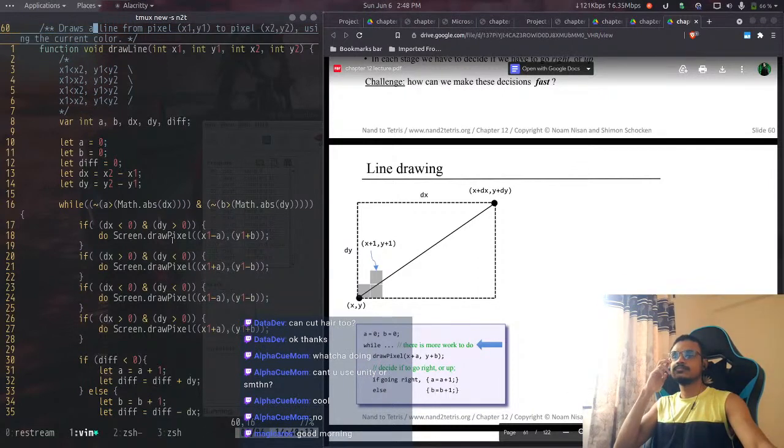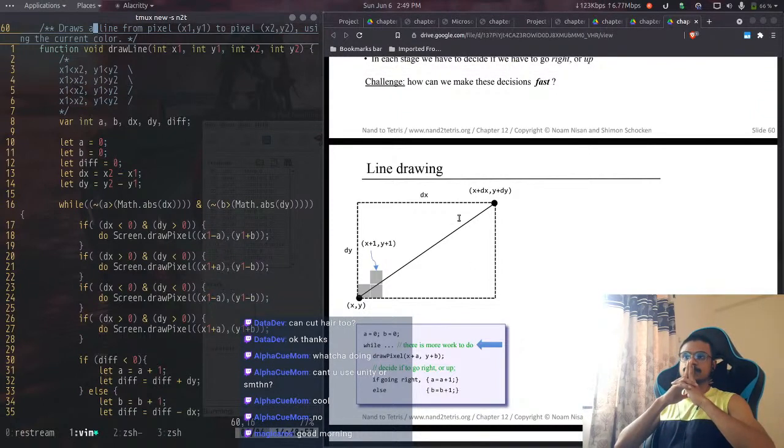A and b is how far away from this initial point we are, right? And now this dx, dy and a and b can be negative, right?